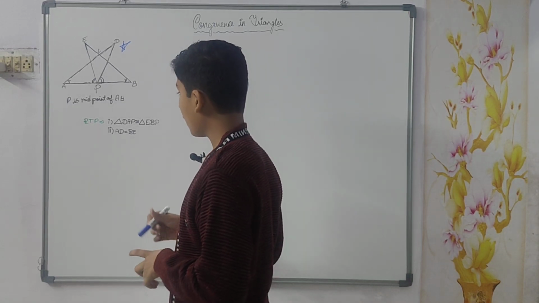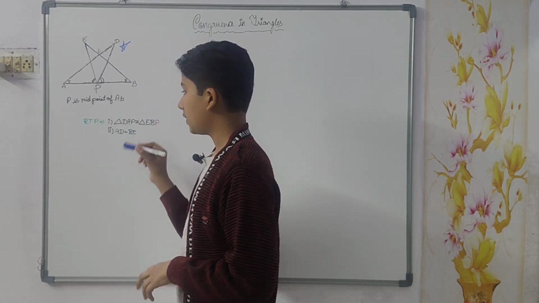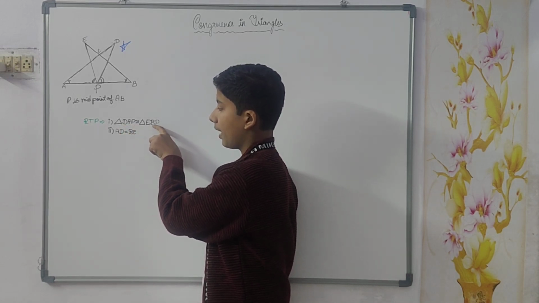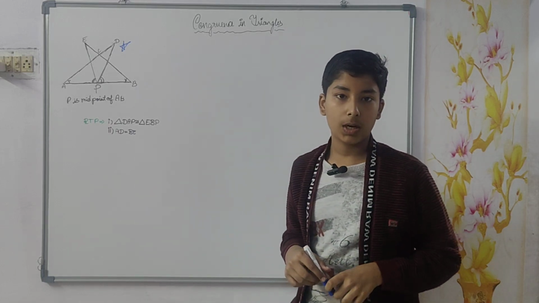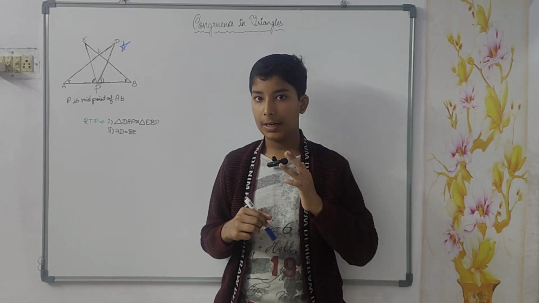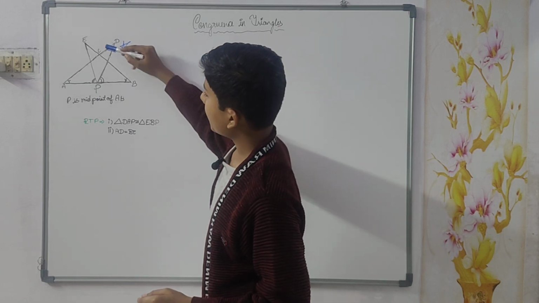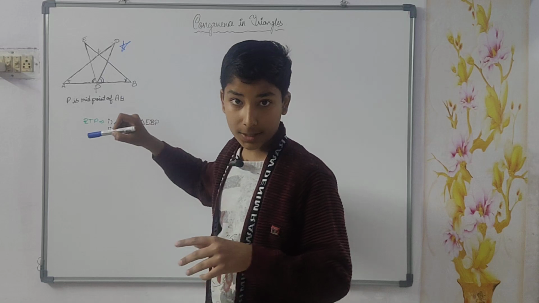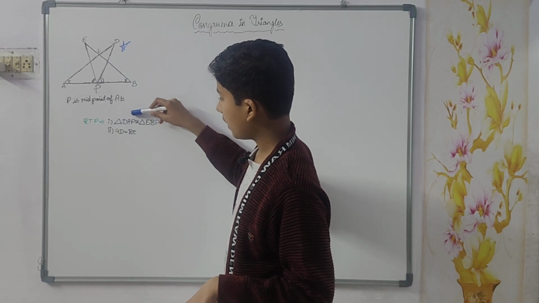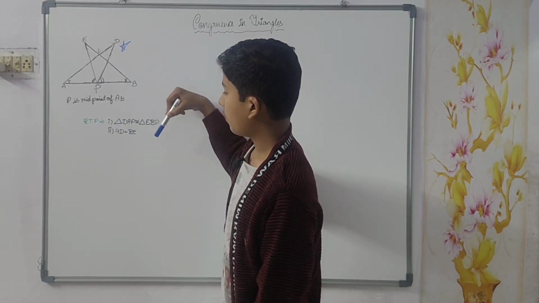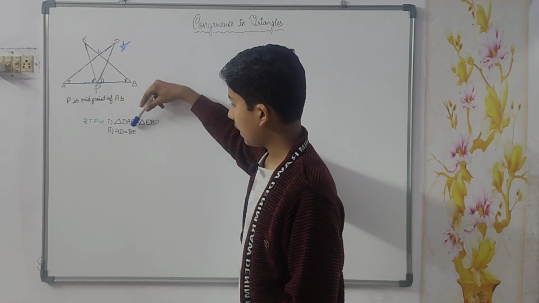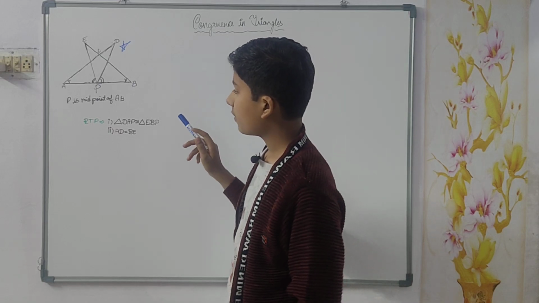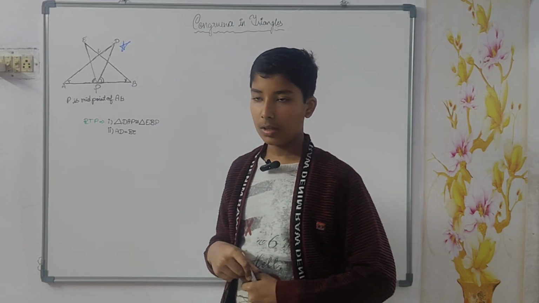Now, we have to prove that triangle DAP and triangle EBP are congruent. Here you get a hint, because you might take these two triangles or those two triangles, but in the question it is specifically given that you have to prove AD equal to BE. So that's why you got a hint.